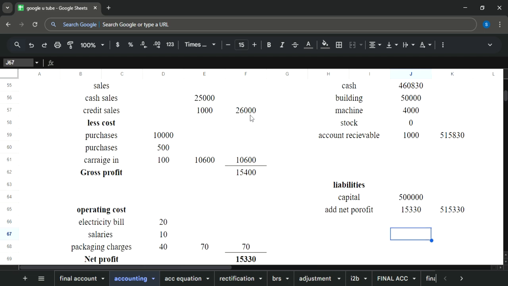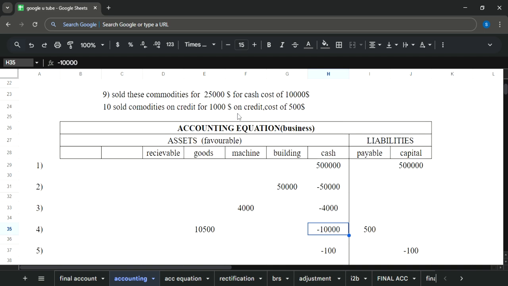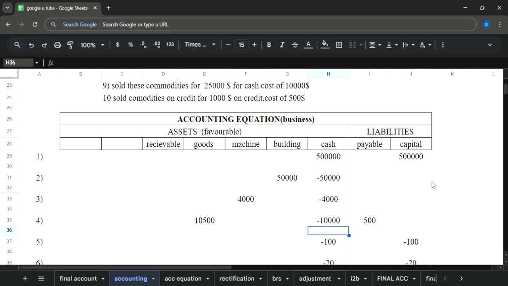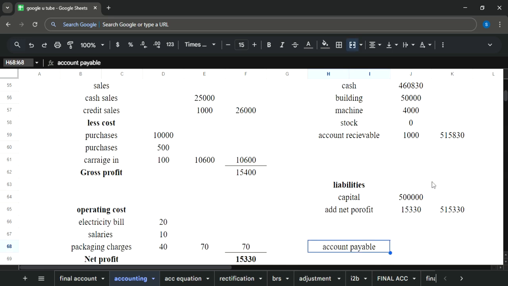And last but not the least, we have a liability of account payables, which I will show you, as goods were bought on credit. Look at here. So 500 is still your liability. You will post it over here. There is no other liability.